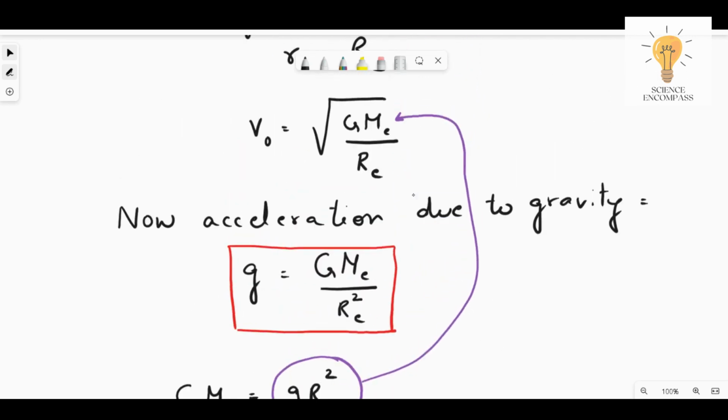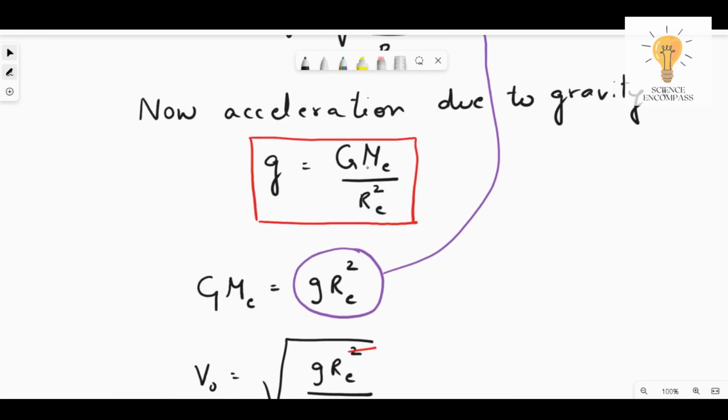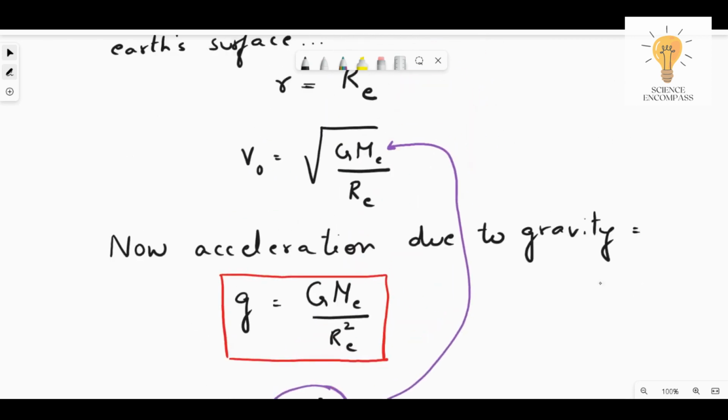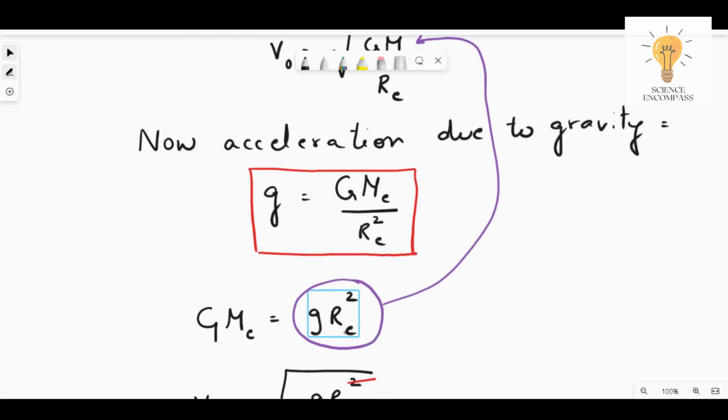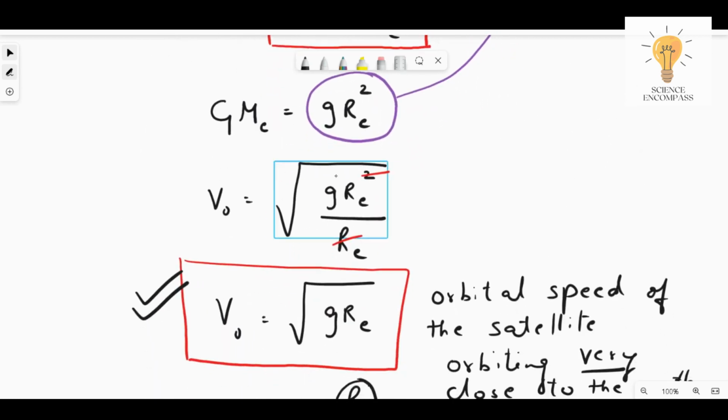Now we can rewrite this statement by putting GME outside and clubbing the other two. So instead of writing GME, we have written g times R_E squared, which we have done over here.